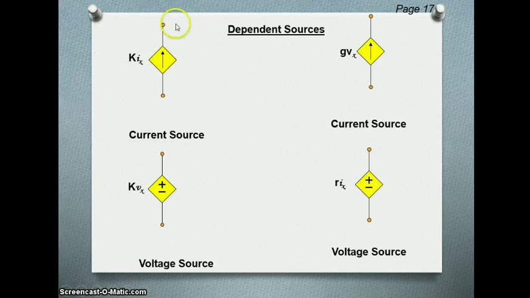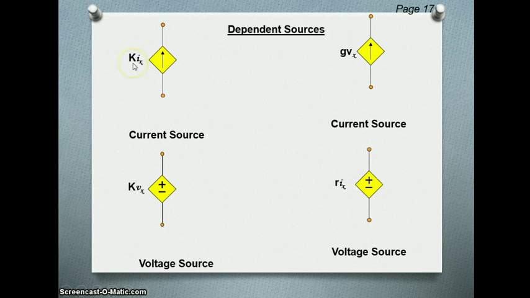Please have a look at the first example. You agree that it is a current source. Just look at the value of the current source. It is given by an expression. That is the basic difference between independent and dependent. An independent current source will be represented by a value like 5 ampere, 10 milliampere, etc. But this one, because it is a dependent current source, its value is given by an expression, not a value.